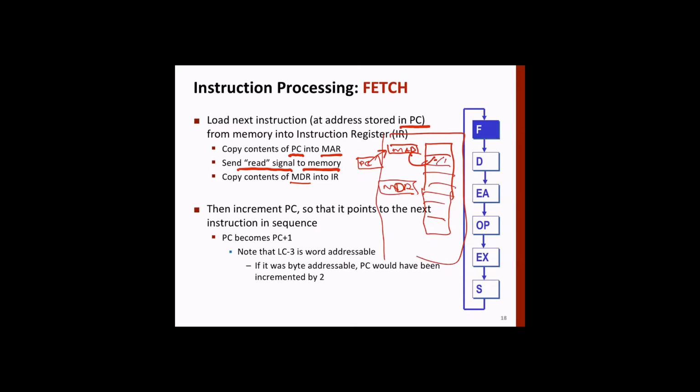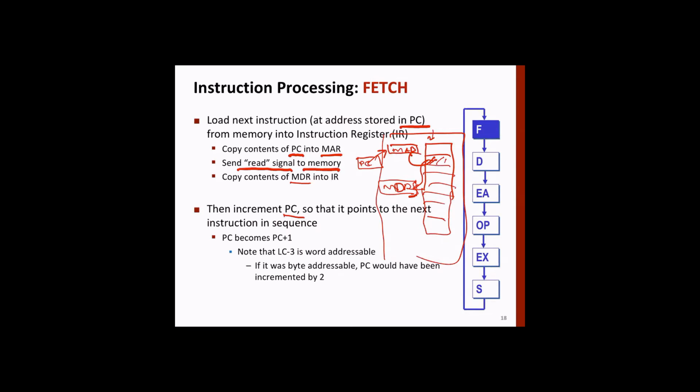Then you give the read signal to the memory unit, and the contents of this will be transferred to the memory data register. This is the process of fetching an instruction. After this point, nothing will happen in this cycle. At the same time, we need to increment the program counter to point to the next instruction. I will come to that later.